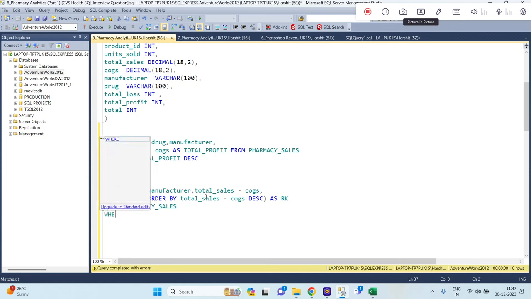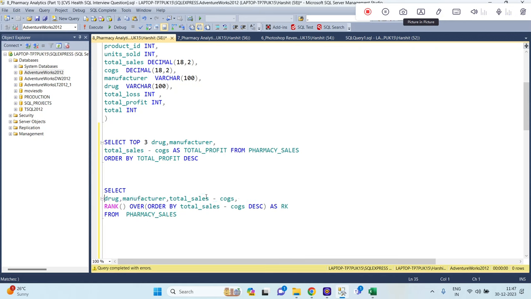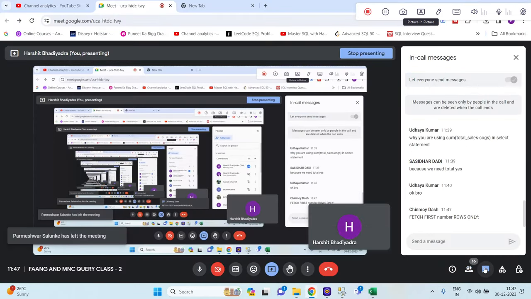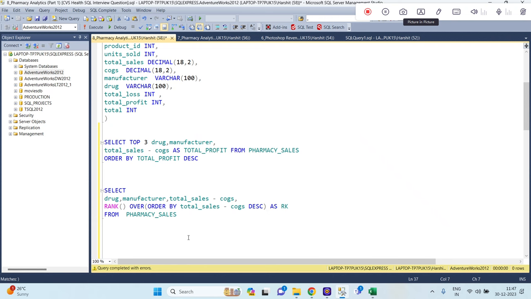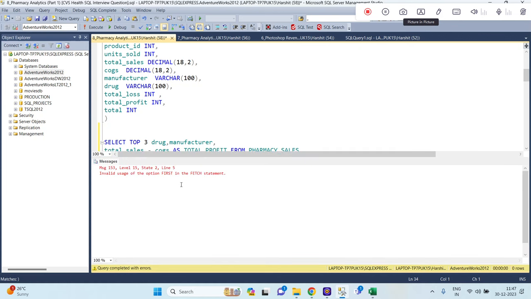Okay, fetch. Where I have to write it over here. Invalid usage of the option first in the fetch statement.